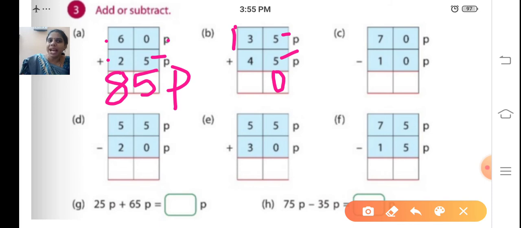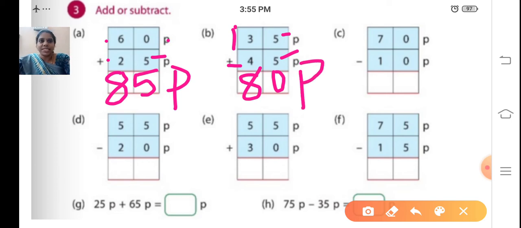Now 1 plus 3, 4, 4 plus 4, 8. 80 paise. Counting 35, 45, 55, 65, 75 plus 5, 80 paise.